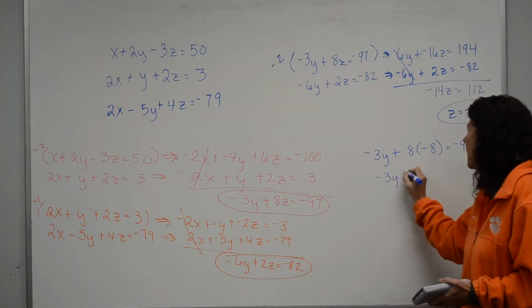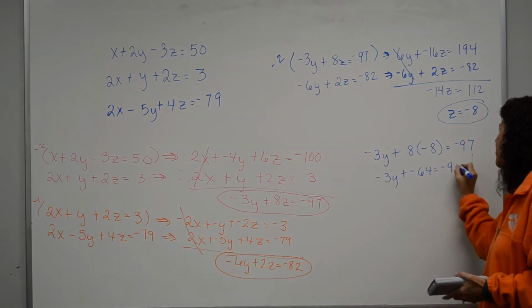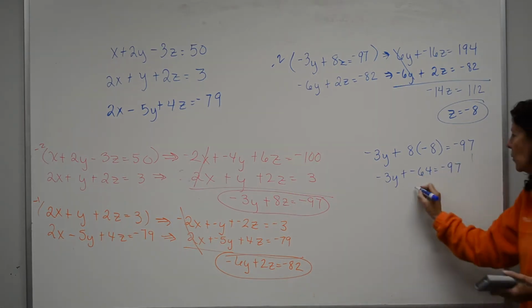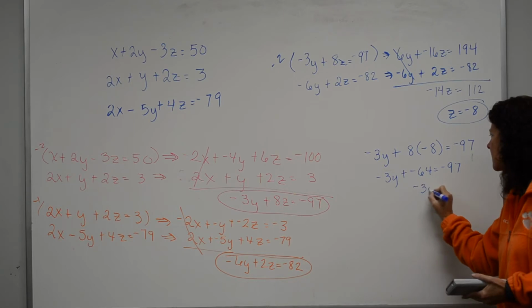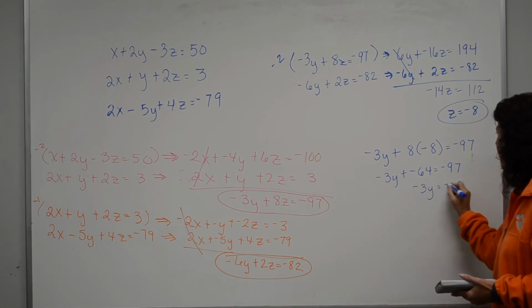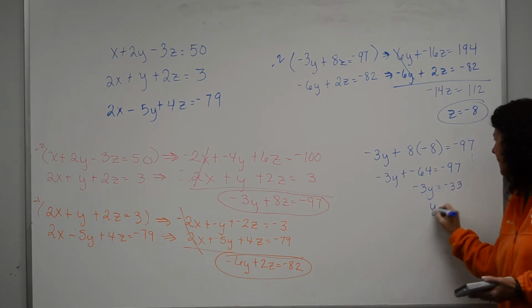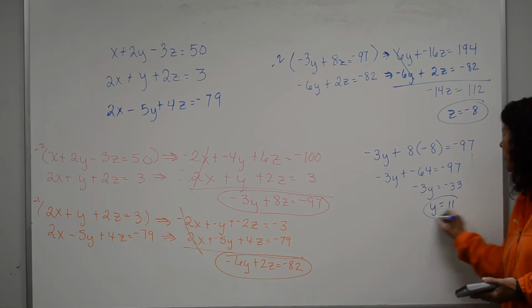Negative 3y plus negative 64 equals negative 97. I'm going to add 64 to both sides. That's going to give me negative 33. I'm going to divide by the negative 3, and I'm going to get positive 11.